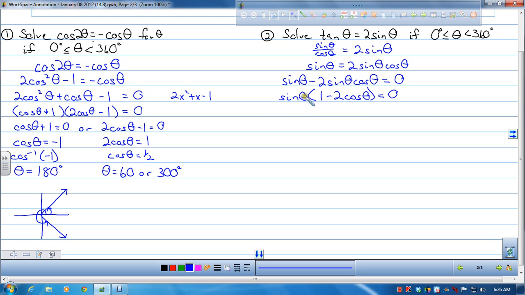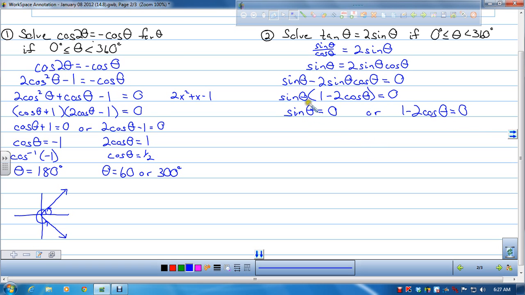So now I've got things being multiplied by one another, so I know that either sine theta has to equal 0, or what's in this parentheses here has to equal 0. So I'll set up my 2 separate equations. Sine theta equals 0, or 1 minus 2 cosine theta must equal 0.